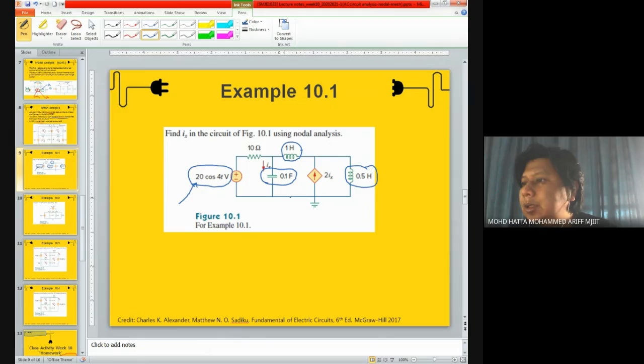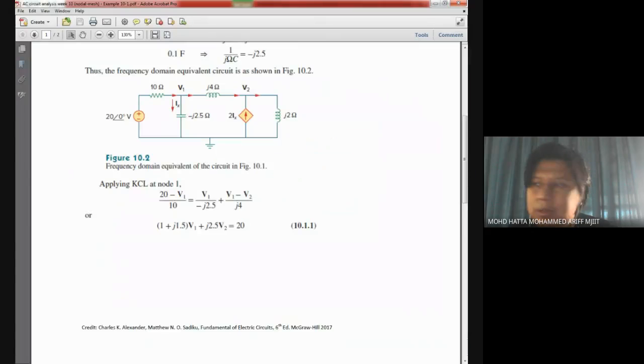According to the voltage source, the amplitude is 20 and cos 4t, where 4 is basically our omega. This omega will be used to transform these three components into their frequency domain values.